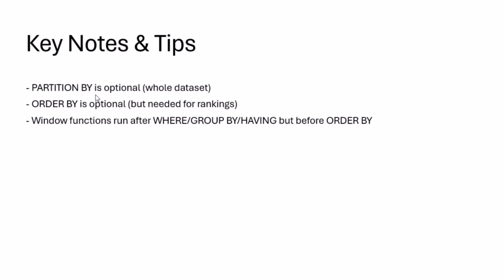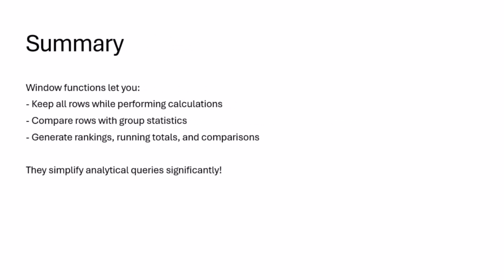The window function also runs on the whole data set, but since sometimes you might have to partition, do you understand? It will now run on each group that the data set is partitioned into. So before you partition your data set, you should have carried out your where clause, your group by clause, your having clause before you now do partitioning with window functions.